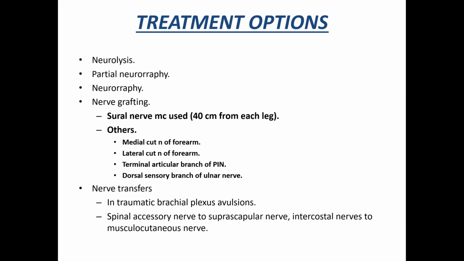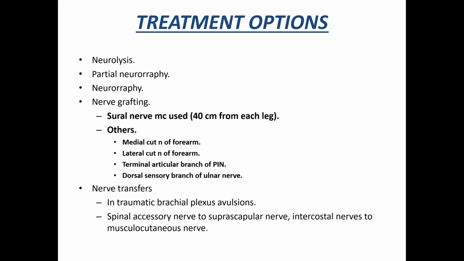Then another procedure which can be done is the nerve transfers. In nerve transfers, a healthy innervated nerve to some other muscle is taken, and the innervation is reinserted into the paralyzed muscle. For example, in traumatic brachial plexus injuries, spinal accessory nerve can be used to reinnervate the suprascapular nerve, or intercostal nerves.